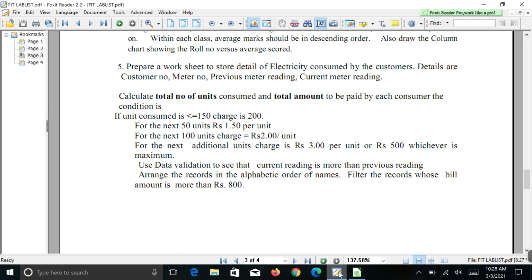That means you need to calculate the additional units at the rate of 3 and find out the total amount, then compare it with 500 rupees. Whatever is maximum, that should be charged.